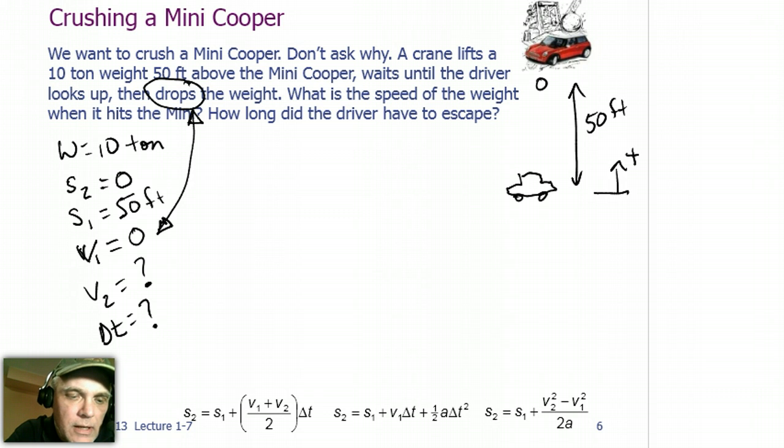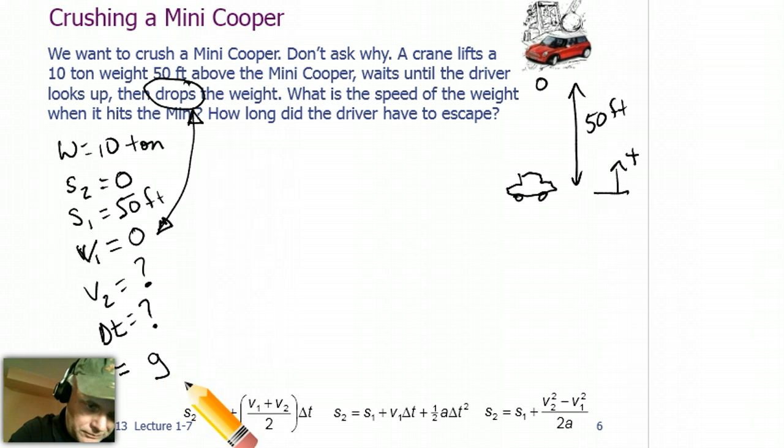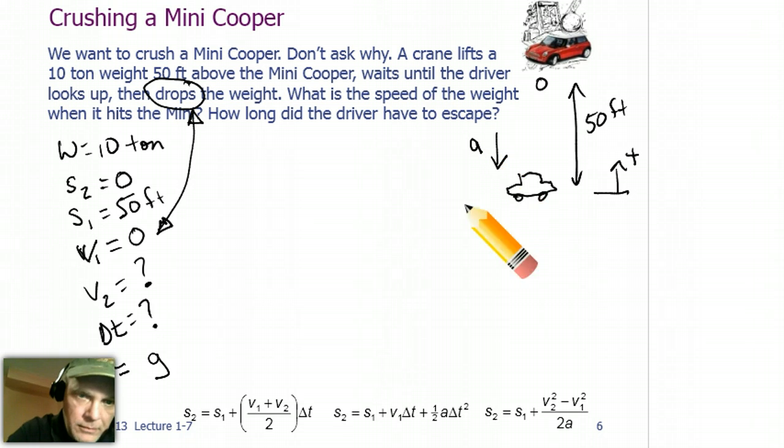We've got our equations down here at the bottom. If we want to find V2, we don't know delta t, but we know the other stuff. We need one more thing. What's our acceleration? Well, that's the whole point of this slide. Our acceleration is g, but it actually is minus g. We'll use g generically as the magnitude of the acceleration, and then based on the problem we factor in whether it's positive or negative.